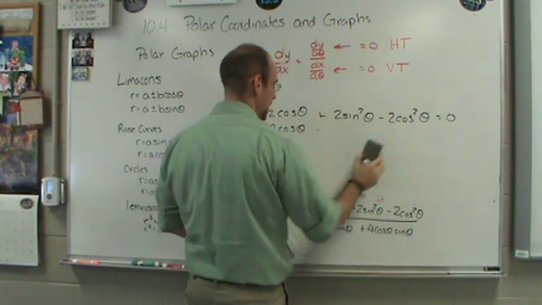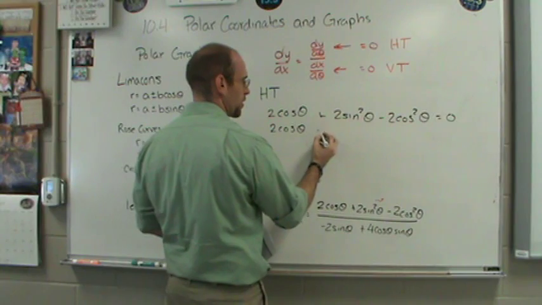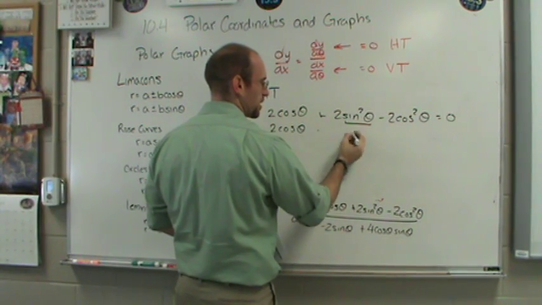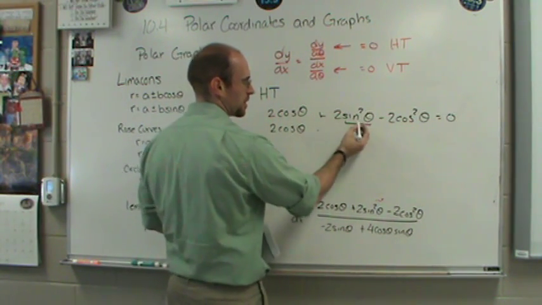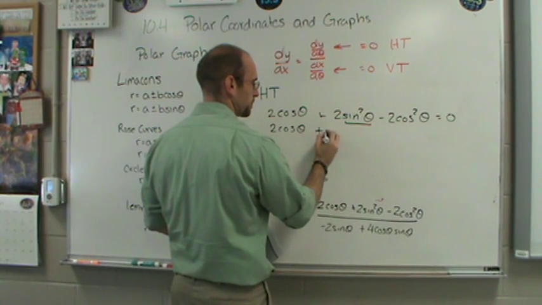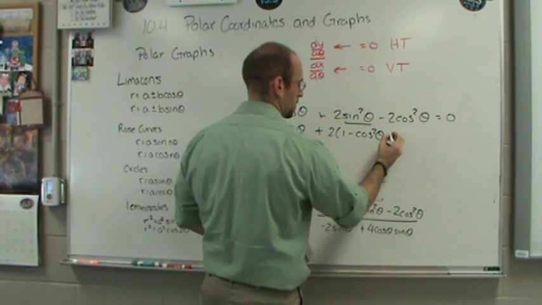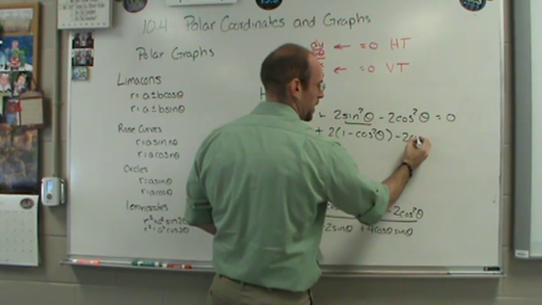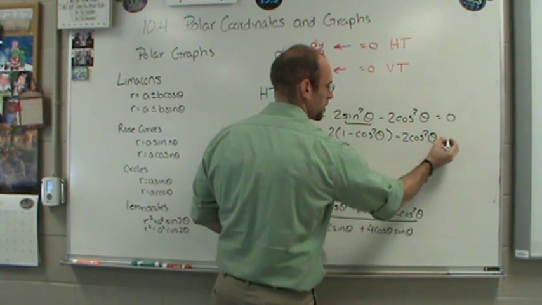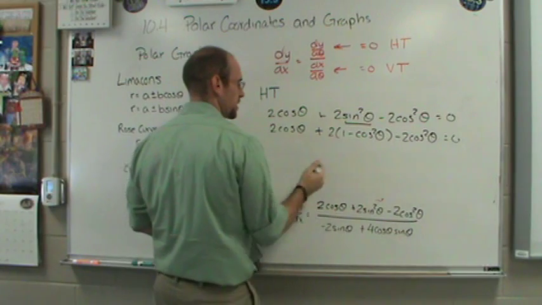All right, I take that back. Let's go ahead and change this to 1 minus cosine squared. Now I've got everything in terms of cosine of theta. Let's simplify this.